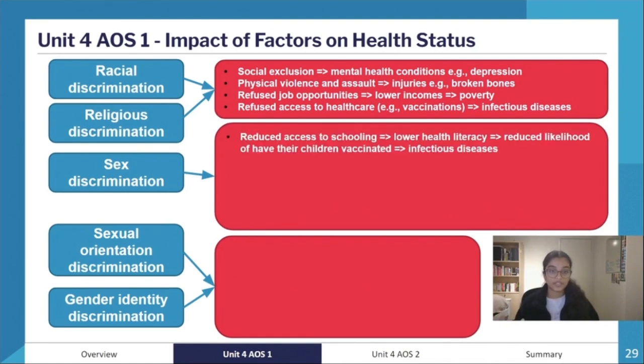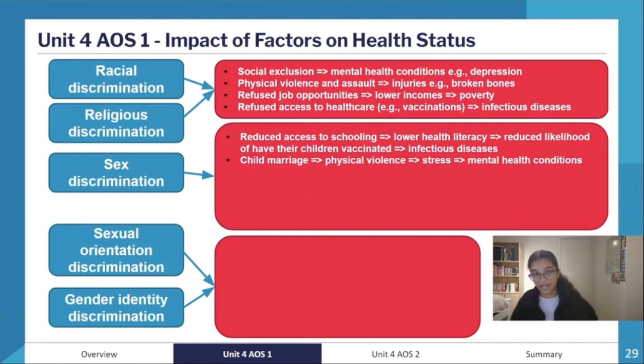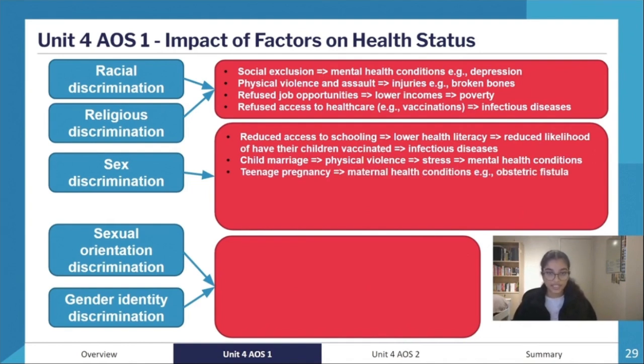As a result of sex discrimination, there's going to be reduced access to schooling for many girls and women, leading to lower health literacy and reduced likelihood of having their children vaccinated or having safe birth practices, etc. There's going to be more risk of child marriage, children being forced to marry men that are much, much older, leading to physical violence and stress.